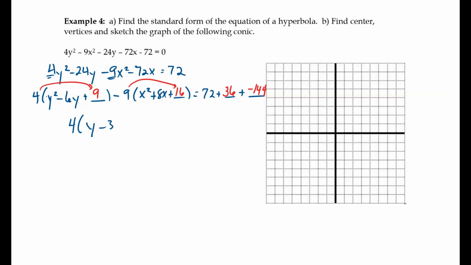quantity y minus 3 squared minus 9 times the quantity x plus 4 squared, and then 72 plus 36 minus 144 ends up being -36. So then I divide every single term, because it has to equal 1 to be in standard form, by -36.